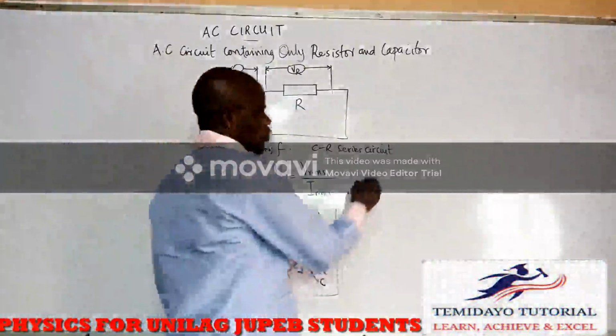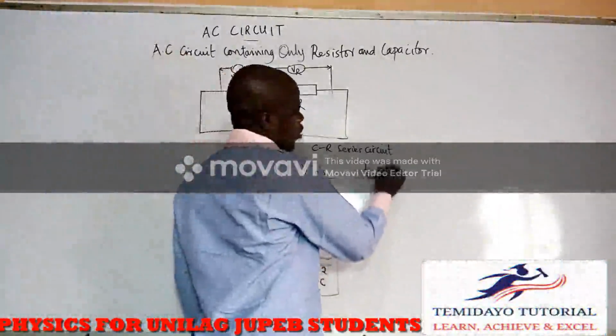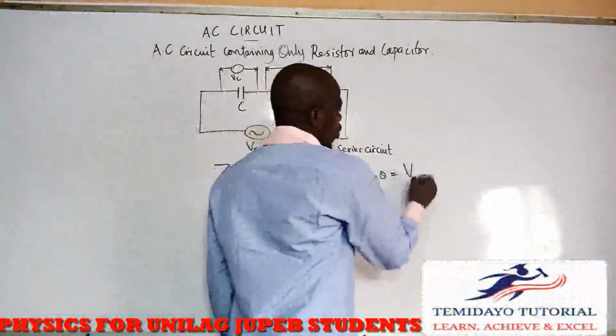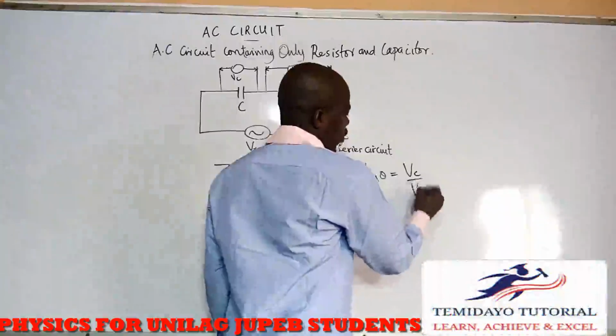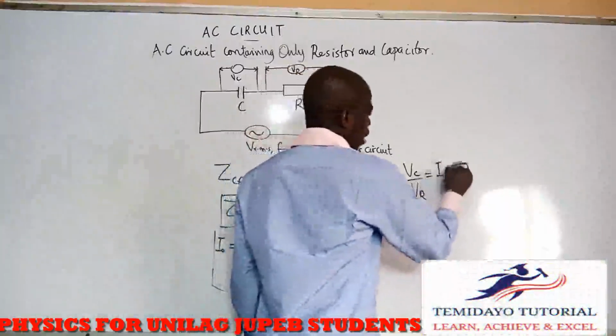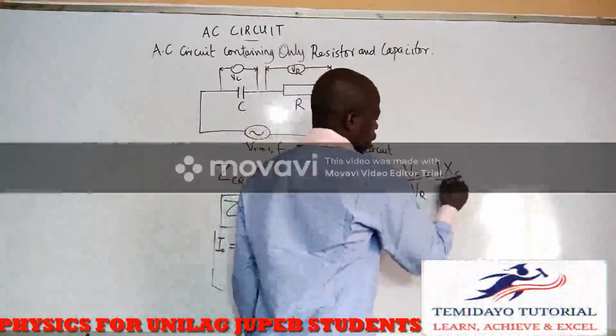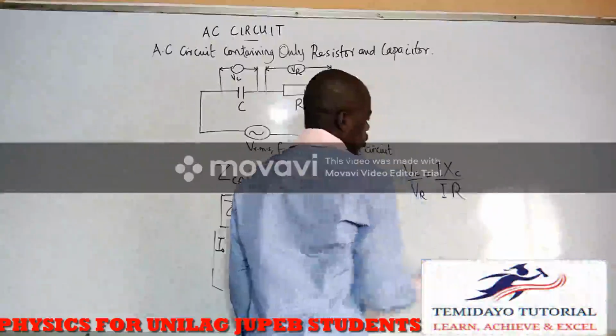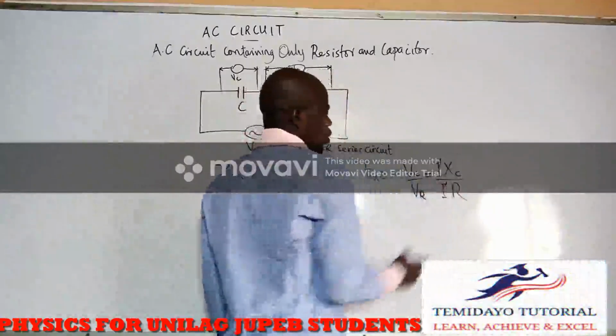In that case, tan theta is equal to VC over VR. And what's our VC? That is I Xc, over I R. So our current cancels out.